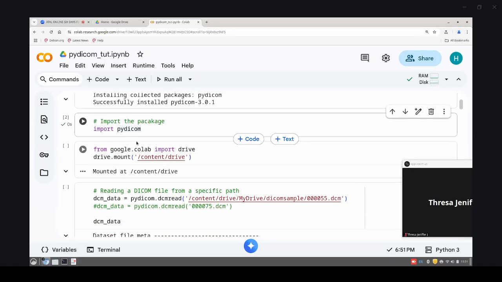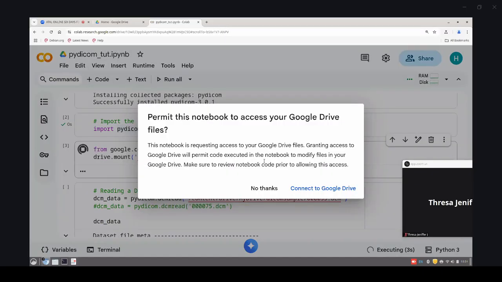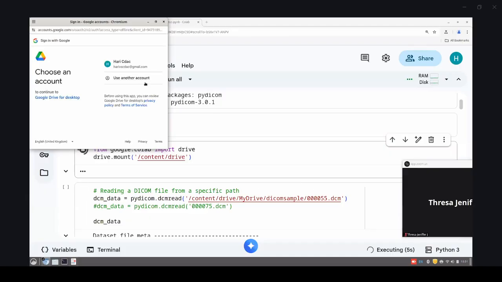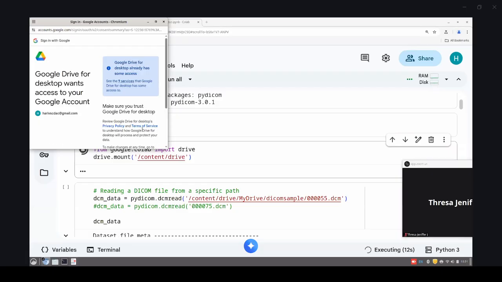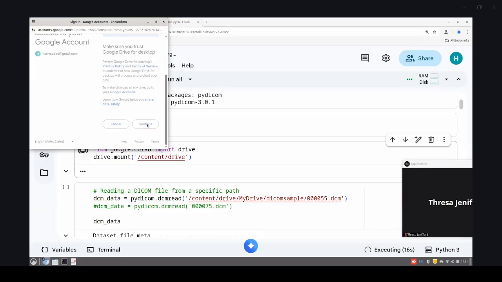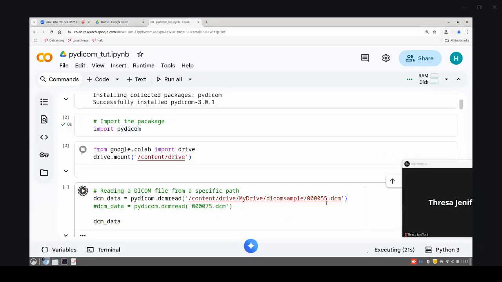I have my DICOM image file in my Google Drive, so that's why it's asking me permission to connect to Google Drive. Once I connect to Google Drive, I can read the DICOM image.